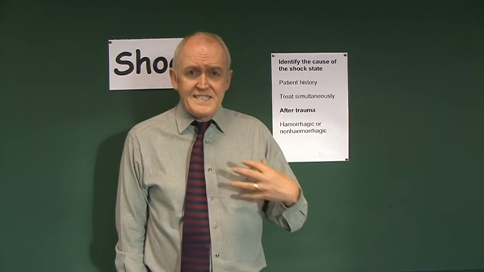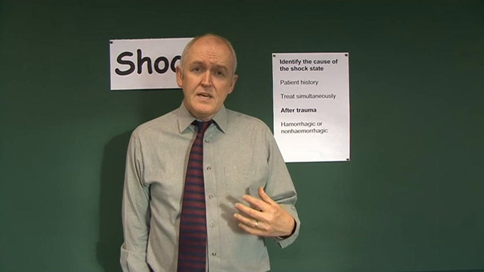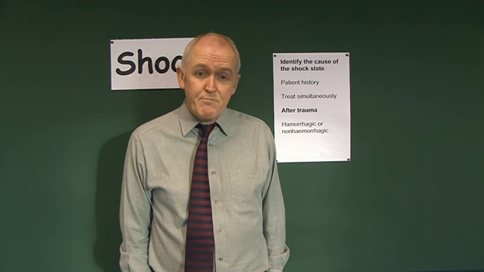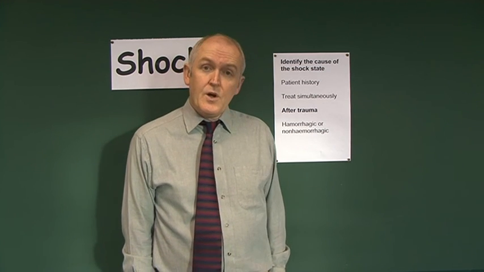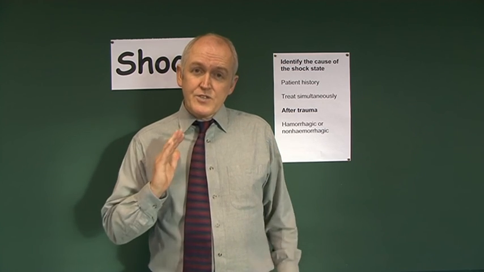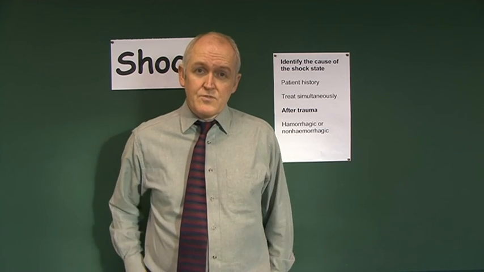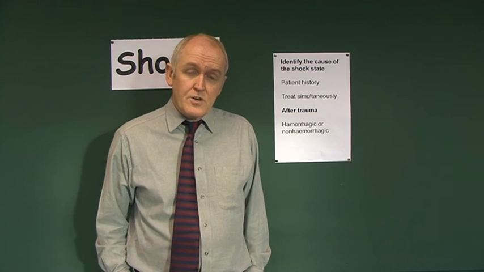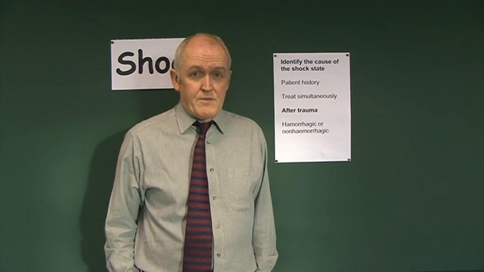Or if there's penetrating injury to the chest after trauma, there can be cardiac tamponade developing, with bleeding into the pericardial sac. Or again, after trauma, there can be a tension pneumothorax, causing the displacement of the major vessels, also leading to shock. So remember, after trauma, shock can be hemorrhagic or non-hemorrhagic.